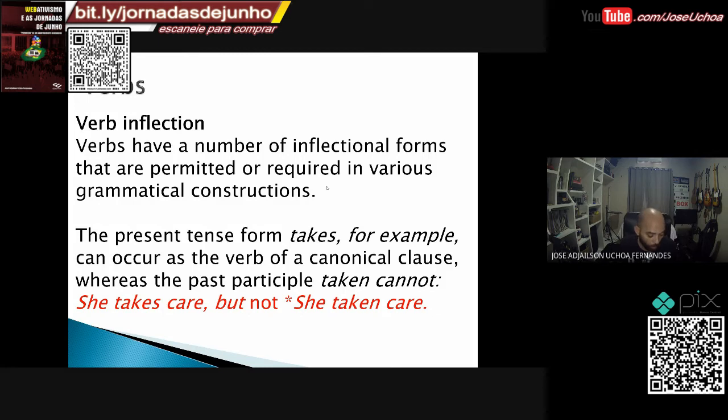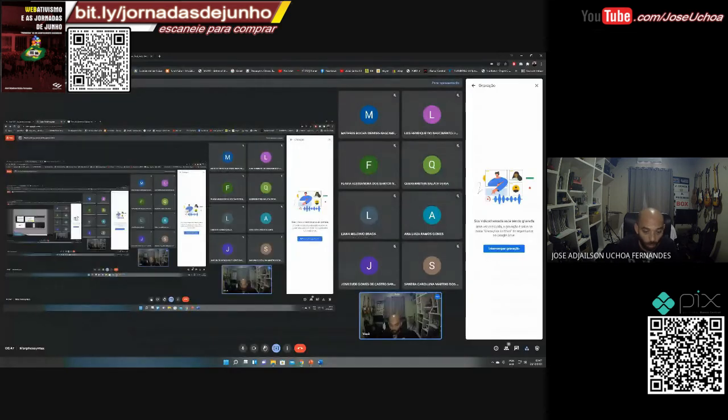Deixa eu tirar esse slide para não confundir vocês. Deixa eu vir aqui só para a tela um pouco. Vamos pensar em inflexão. Can nouns be inflected? Nouns can be inflected, you told me. What for? Why do we inflect nouns? Like other word classes, for instance, maybe to give a notion of number.